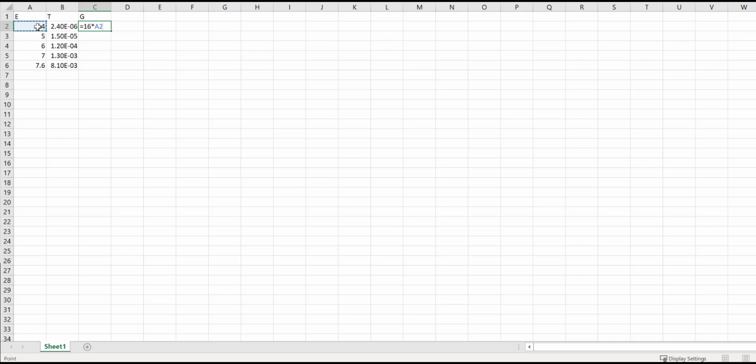So let's multiply that right now, times 1 minus this number divided by 8. Okay, so this is the formula, and let's copy this and paste it everywhere. So these are the values of G.